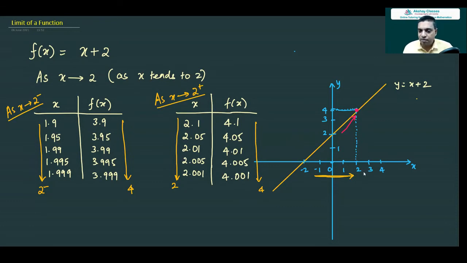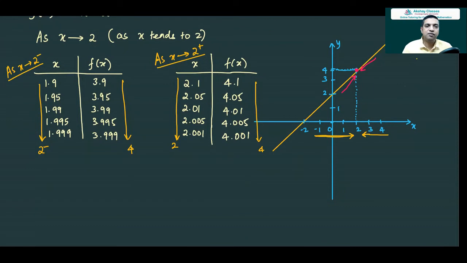Similarly, when we approach 2 from the right side, the function value is approaching 4 again. If from both sides the function value approaches the same, this part we write as limit x tends to 2 minus f of x is equal to 4.